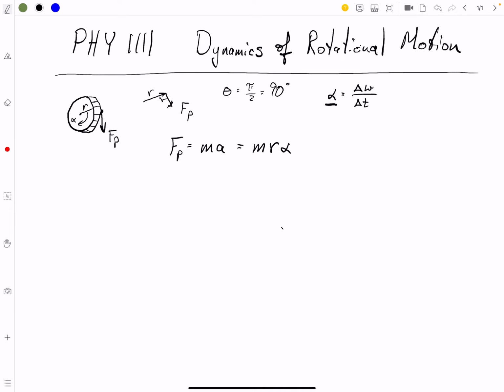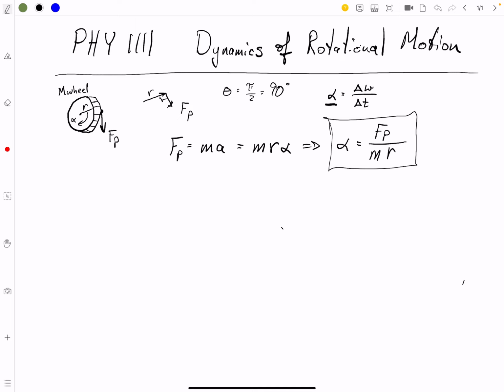So if we know the mass of the wheel, the big winning wheel, and we know the force of the person, we can solve for alpha: the force of the person divided by the mass of the wheel and the radius of the wheel. All these things are measurable for the most part. The force of the person we could measure, or guess. But at any rate, you can come up with your alpha from there.